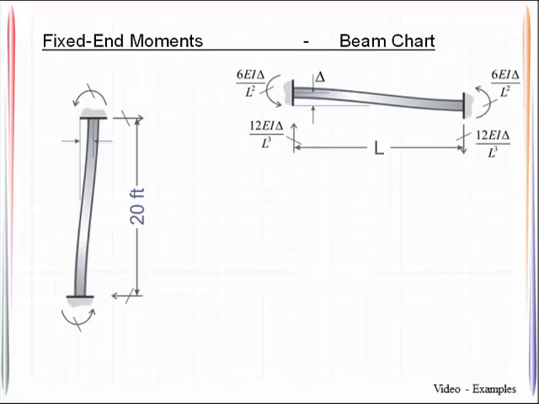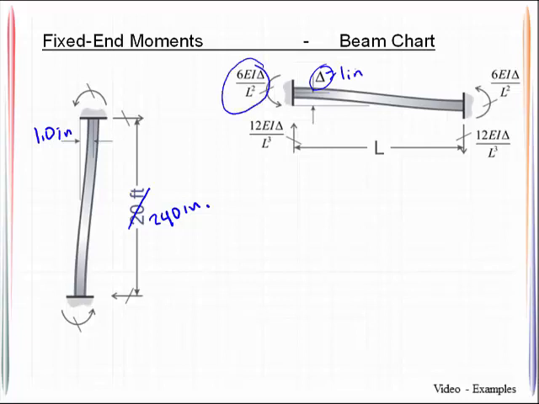Now we need to find the fixed end moments due to that sway. So I want you to notice that we've got a displacement here of 1.0 inch. This would be 240 inches in length. And so what we want to do is look at a beam chart, and on a beam chart we have a member that is fixed, subjected to a displacement, so we'll just go ahead and plug that in as 1 inch.